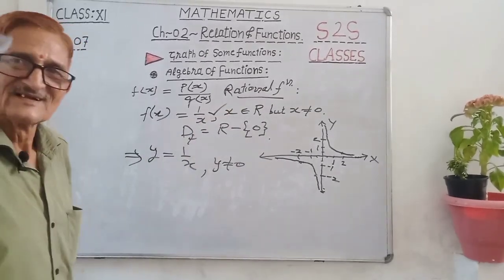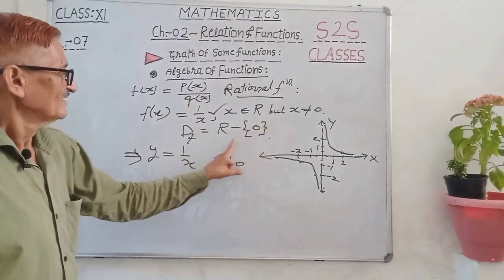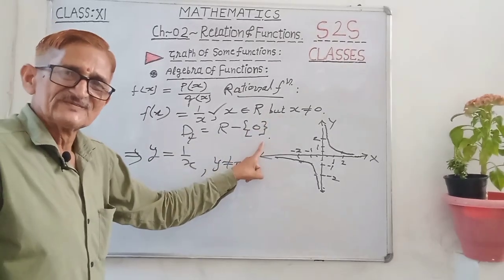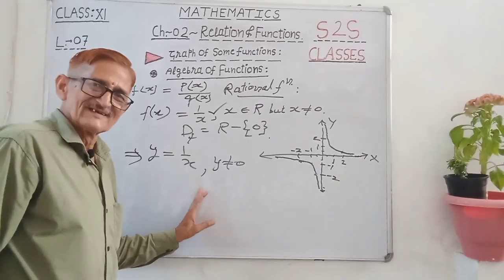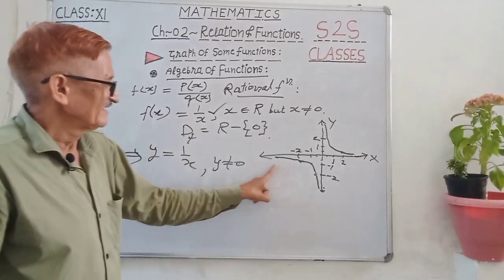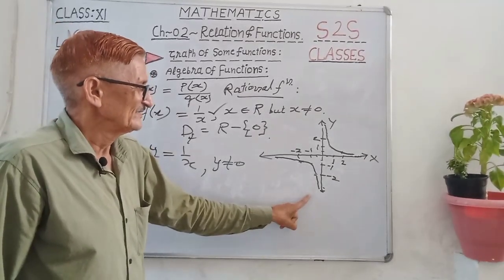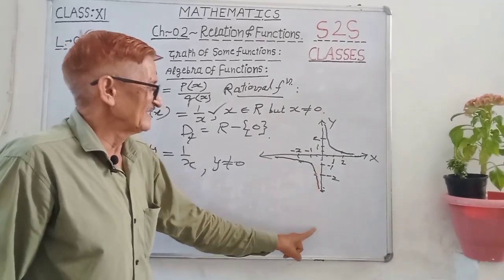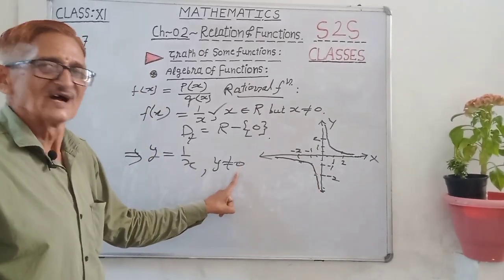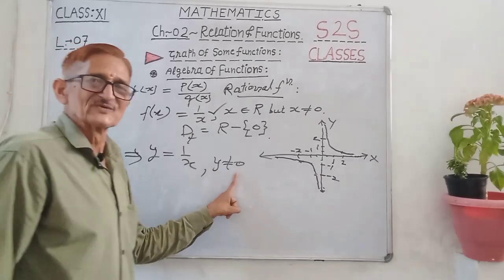Clear? Domain is real numbers except 0. x should not be 0. It is the domain. And range, you see the y value: all real numbers except 0. y should not be 0.